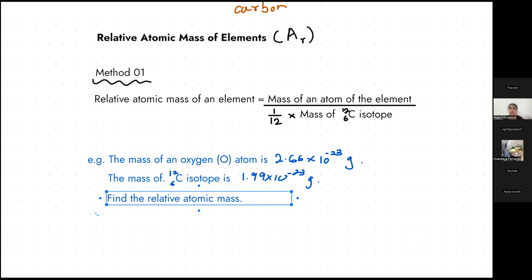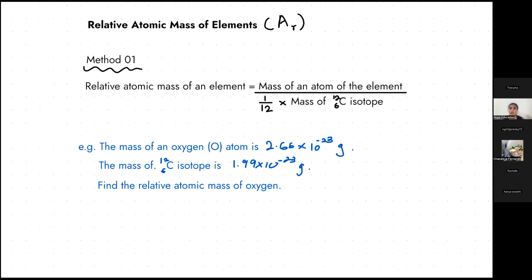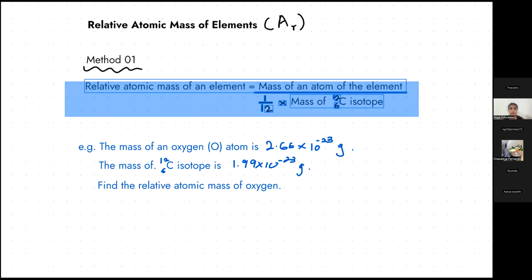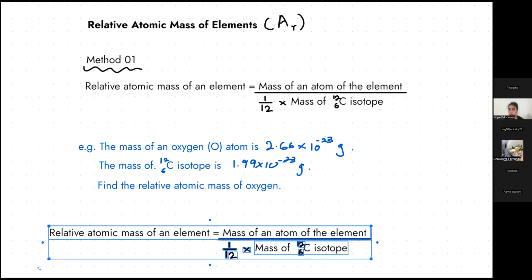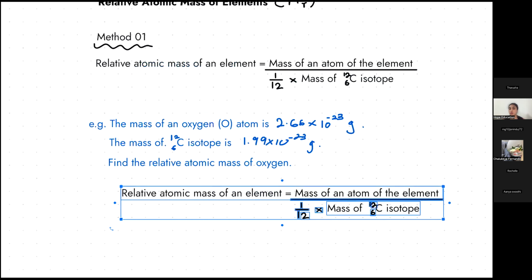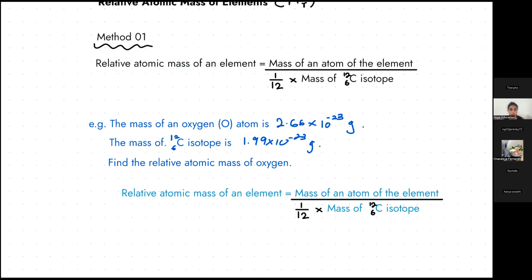So, what is our formula? Relative atomic mass of an element is the mass of an atom of the element divided by 1 over 12 multiplied by the mass of a carbon-12 isotope.